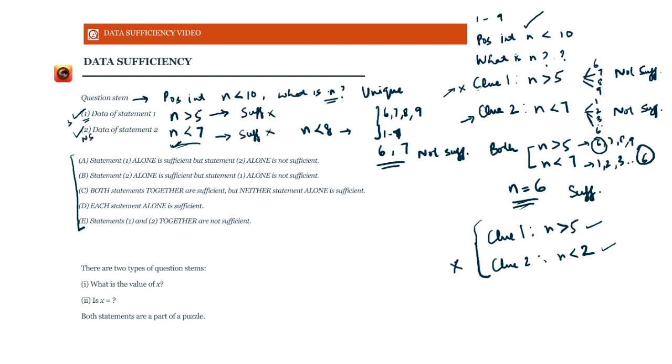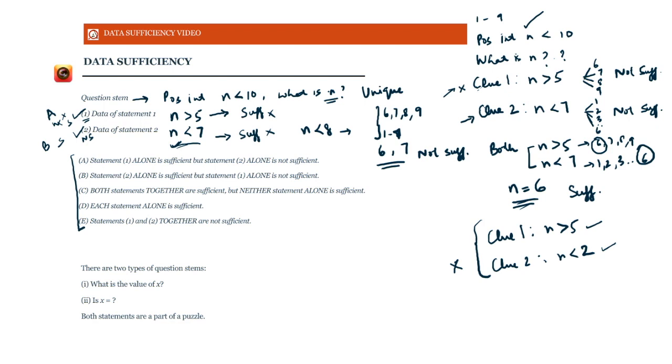If this happens, then my answer is A. A means 1 alone is sufficient, but 2 alone is not. Now, if I see that the data of statement 1 alone is not sufficient, but statement 2 alone is sufficient, then my answer would be B. B says statement 2 alone is sufficient, but statement 1 alone is not sufficient.